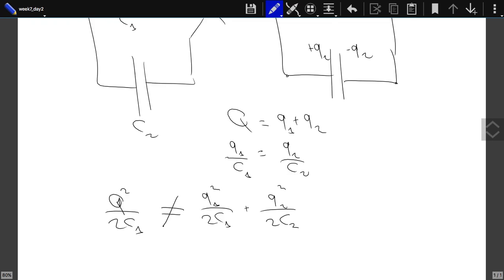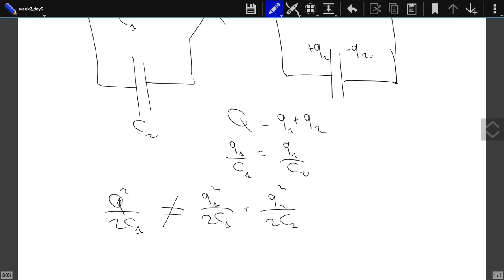Now, any questions before we continue? But if you calculate them, solving these two equations, you can solve for Q1 and Q2 in terms of large Q and the capacitances, and it turns out that these two are not equal. That is the solution.